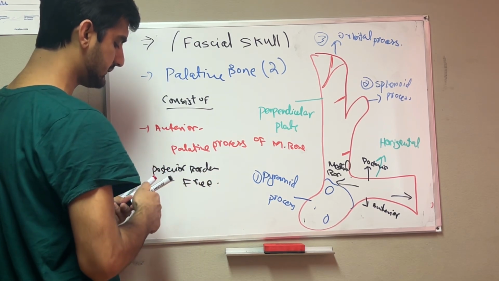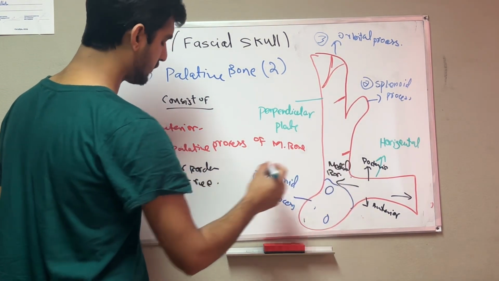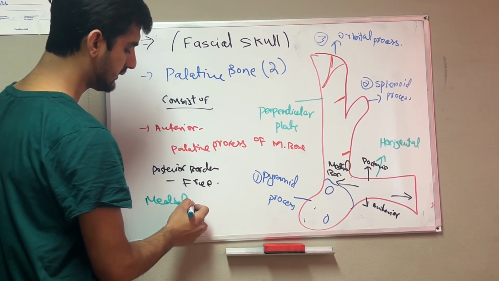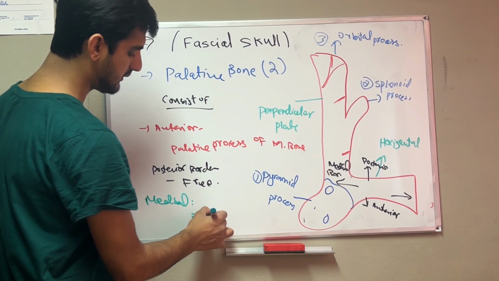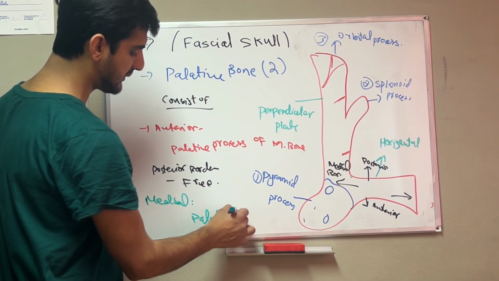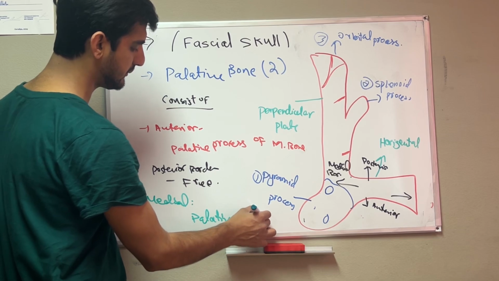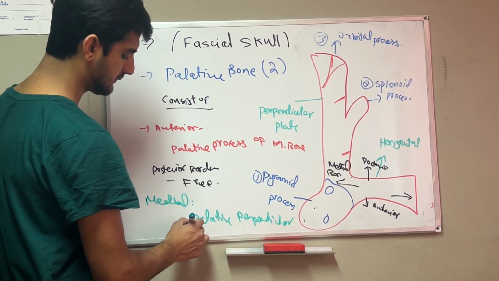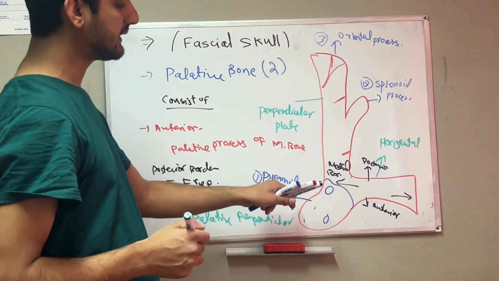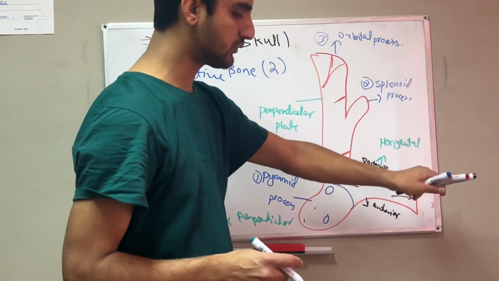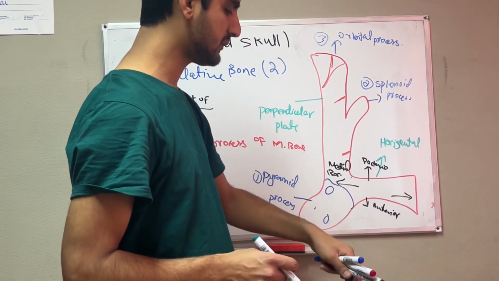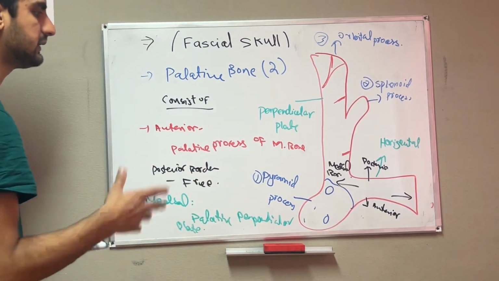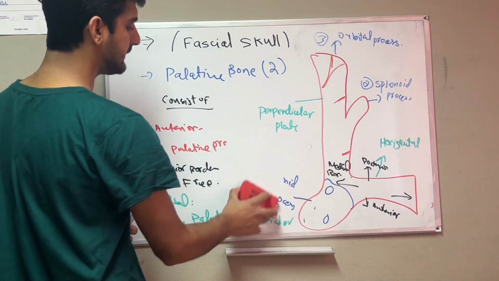Medially, the middle border has connection with the same bone, the perpendicular plate of the palatine bone. Both sides we have two bones. The anterior connects with the palatine process of the maxilla bone, and the posterior is free. These are the plates and processes.